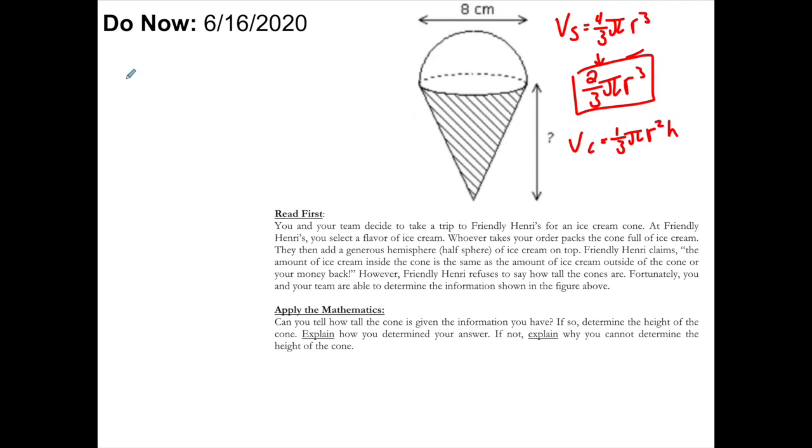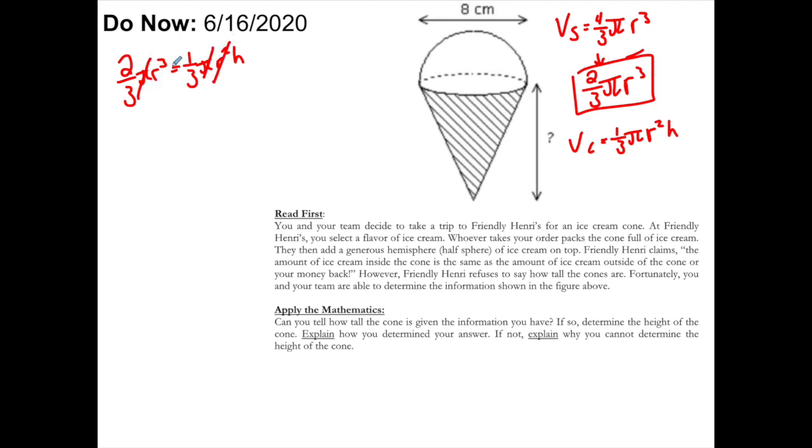All right, so what we're told is that essentially 2/3 pi r cubed must be equal to 1/3 pi r squared height, or my money back, right? What I'm saying is the volume of the hemisphere, the stuff you can get in there, is equal to the volume of the cone. Okay, so now I'm going to do a little math here. So first the pi's will cancel.